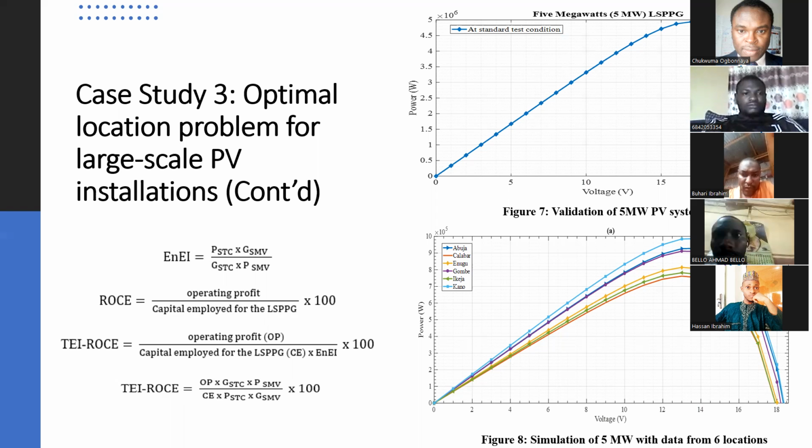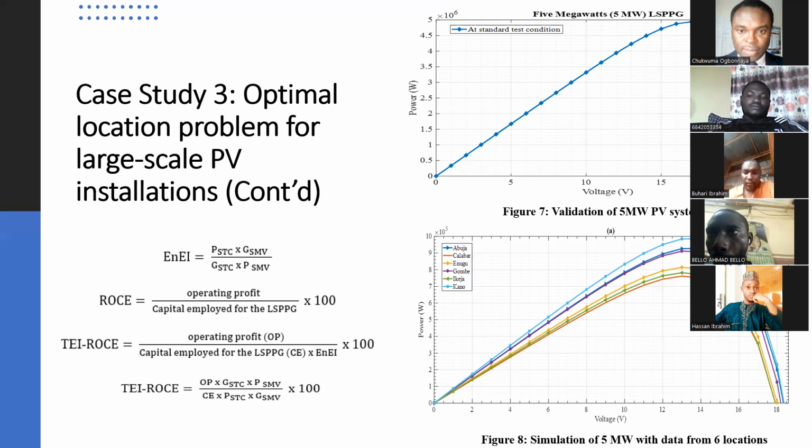Deploying these 5 megawatts in these 6 locations is equivalent to trying to install these systems in these locations, collecting data, and then comparing the data. That's what we mean by using model-based systems engineering to save time and save cost.